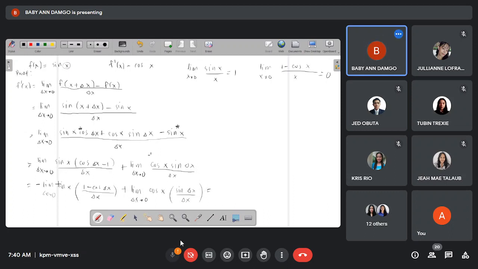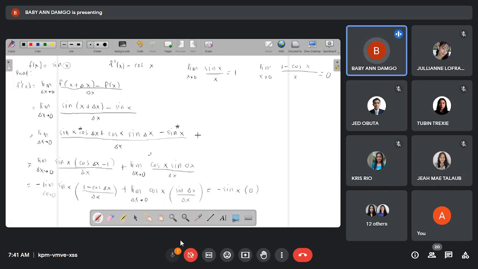Okay, so, ang limit sa sine x as the change of x approaches 0, this is not affected, this is constant with respect to the change of x. So, this is negative sine x. Ani, ang limit sa 1 minus cosine the change of x over the change of x as the change of x approaches 0 is 0. Okay?